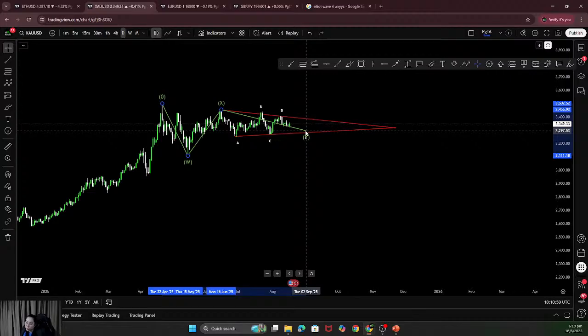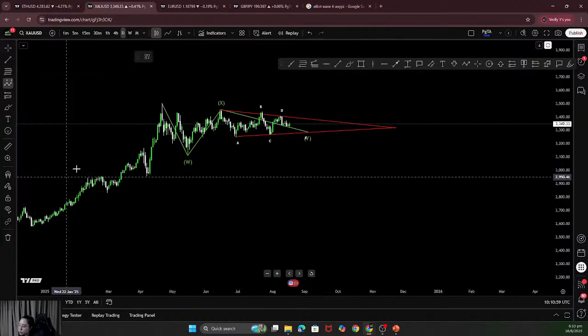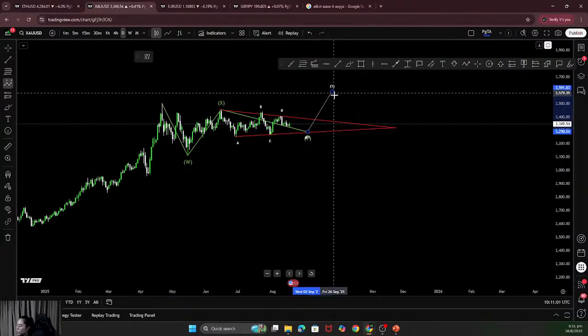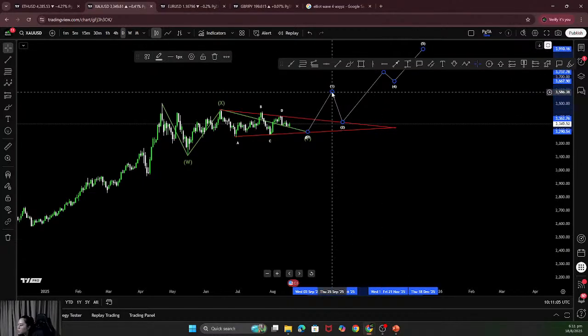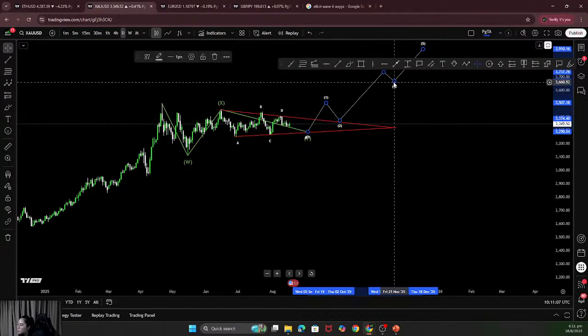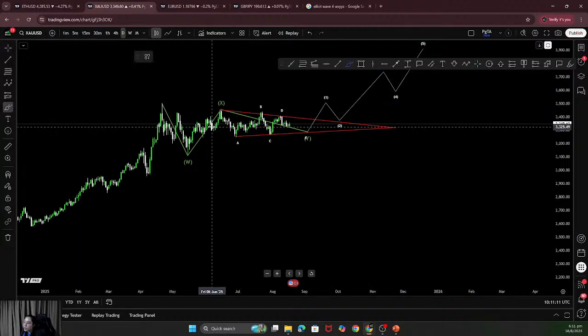I am just assuming we are in a WXY and we're finishing off ABCDE right now. Right after ABCDE, it usually starts with a 1, 2, 3, 4, 5. How do we know that ABCDE has ended?